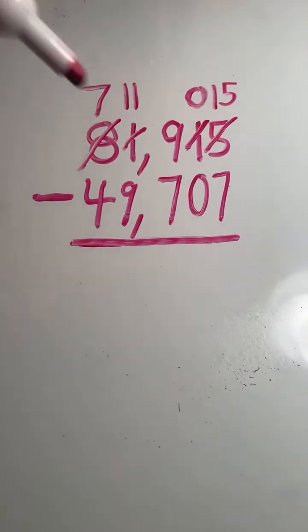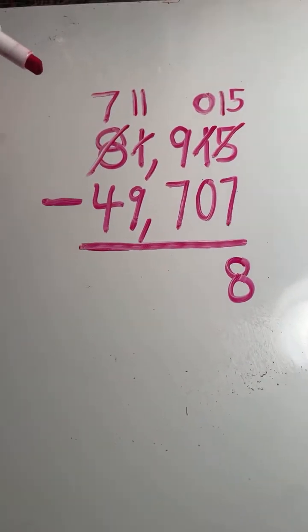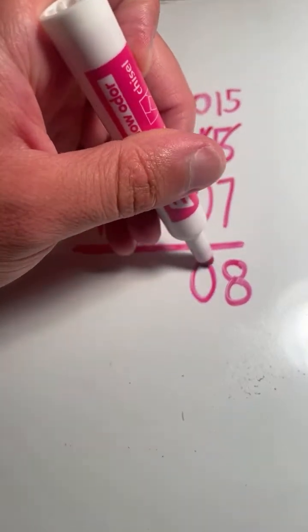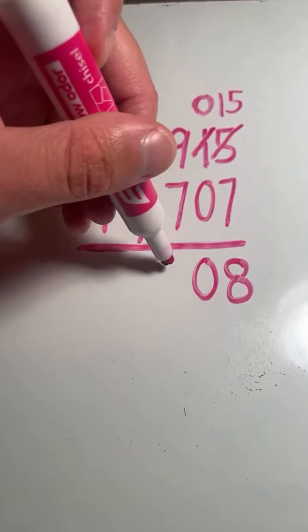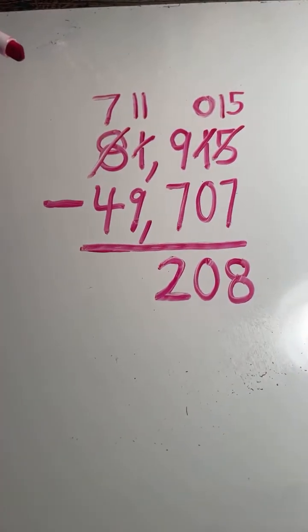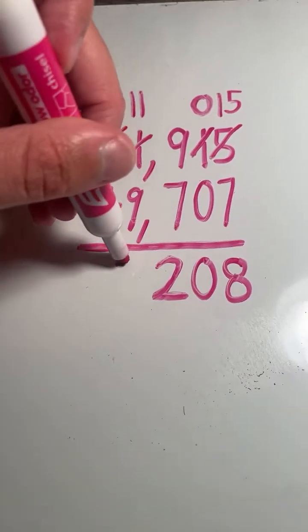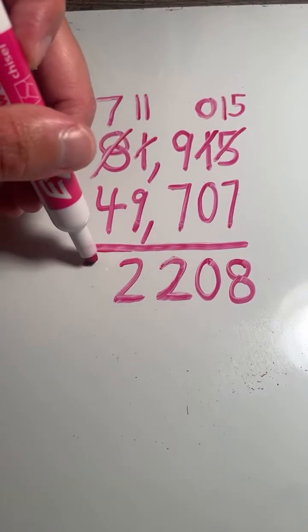15 minus 7 equals 8. 0 minus 0 equals 0. 9 minus 7 equals 2. 11 minus 9 equals 2. 7 minus 4 equals 3.